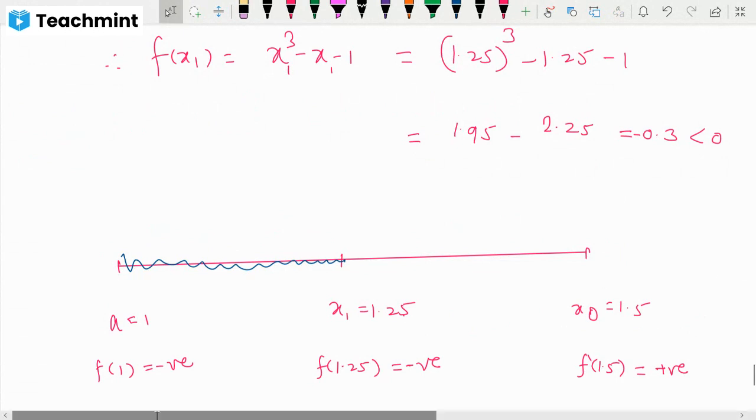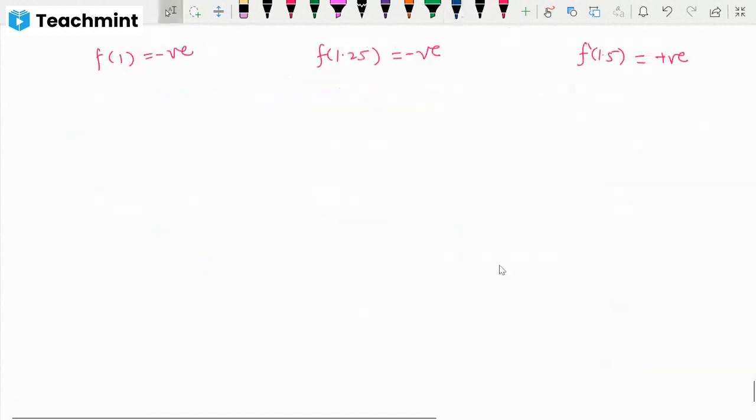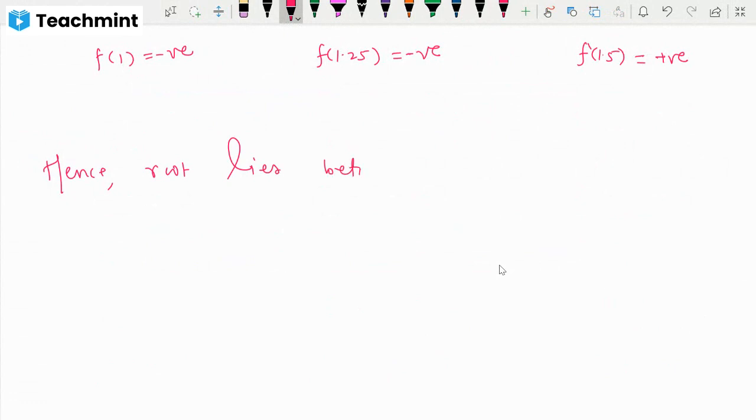Then the root lies between those two points. So what is our resulting interval in the next step? Using the Bolzano continuity theorem, hence the root lies between 1.25 and 1.5.